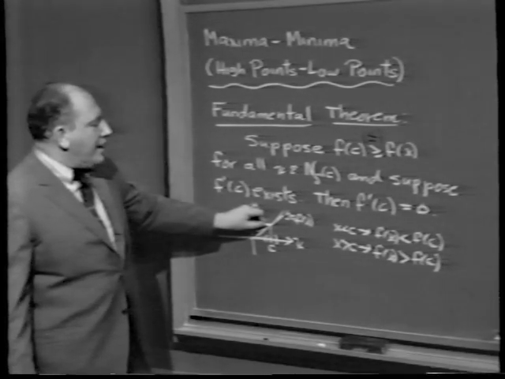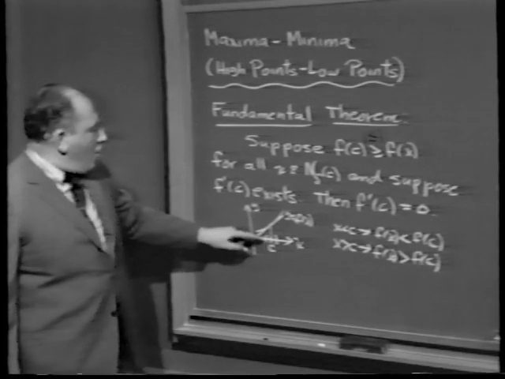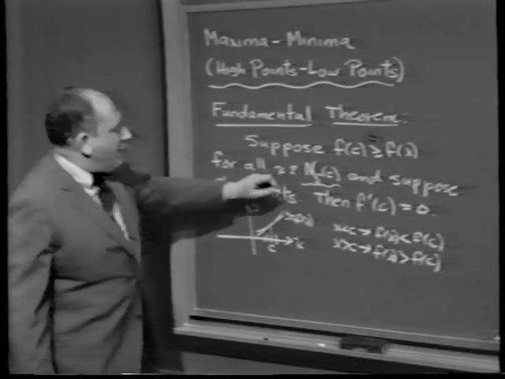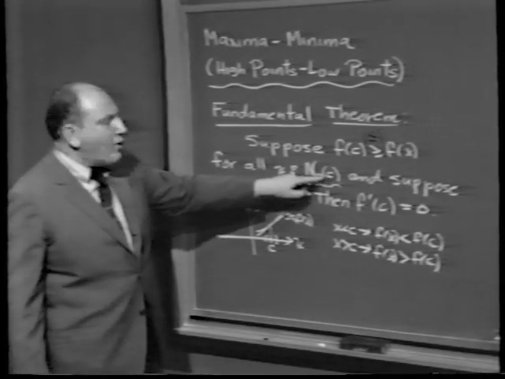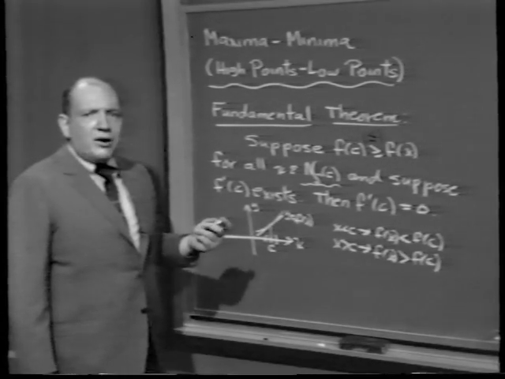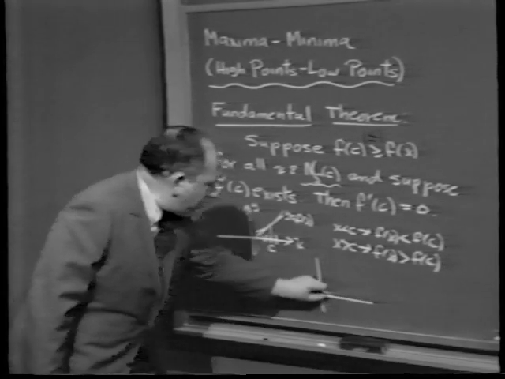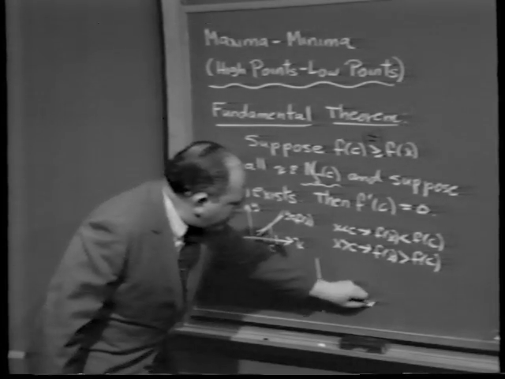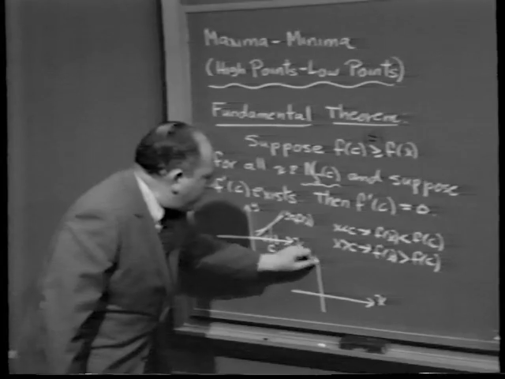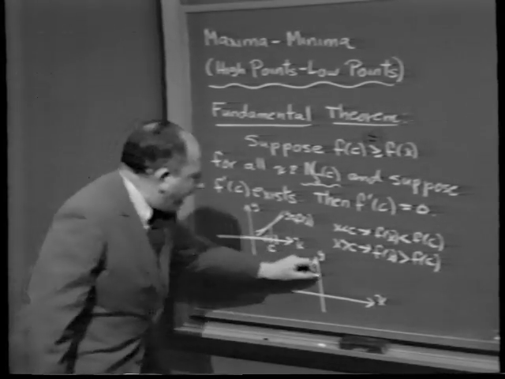And by the way, again, observe what we're saying. This is rather crucial over here. First of all, we're talking about a sufficiently small neighborhood of c. What I mean by that is something like this. You see, this could cause a little bit of a problem if you're not careful with your language.